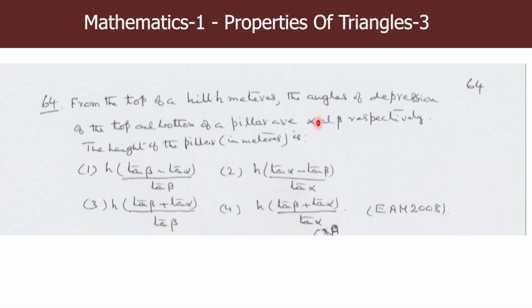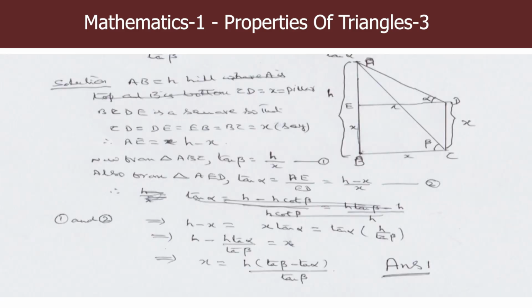From the top of a hill, h meters high, the angles of depression of the top and the bottom of a pillar are alpha and beta respectively. Then the height of the pillar in meters is so and so, as given in the options.